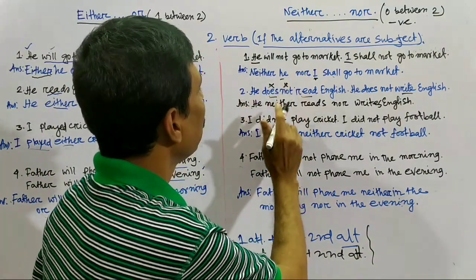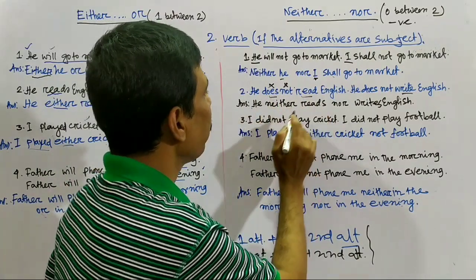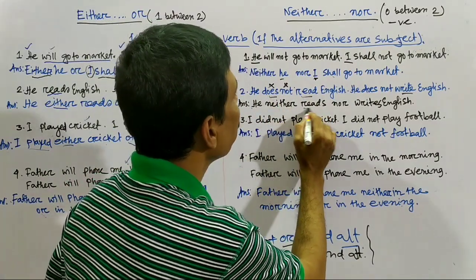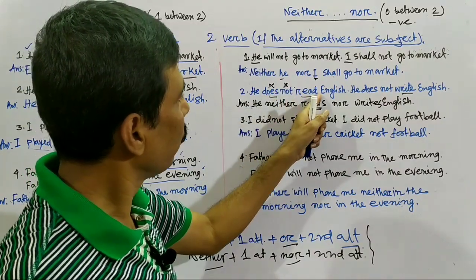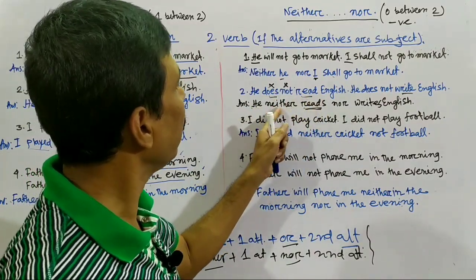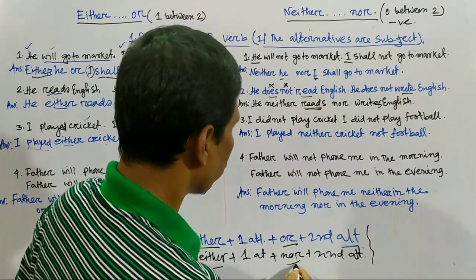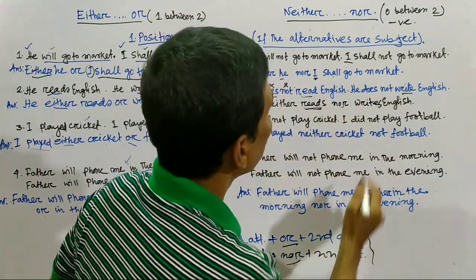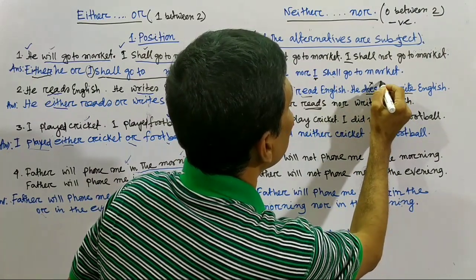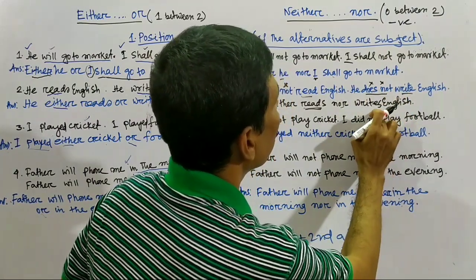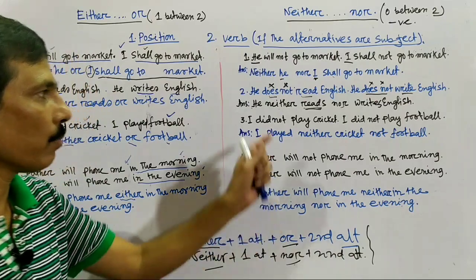As it is present simple, after neither the verb changes, because does is omitted, s is put on the verb: reads. So he neither reads, nor, second option, write. Here, as does will not be there, this s comes to writes English.